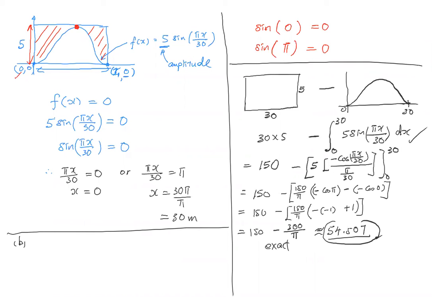Every time we talk about volume, it will be area of cross section times length. So our area of cross section is 150 minus 300 over pi. The length is 200. So that is the answer.